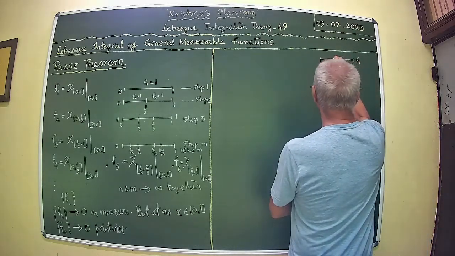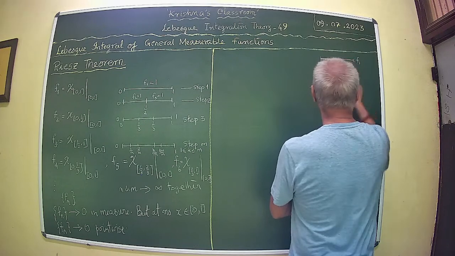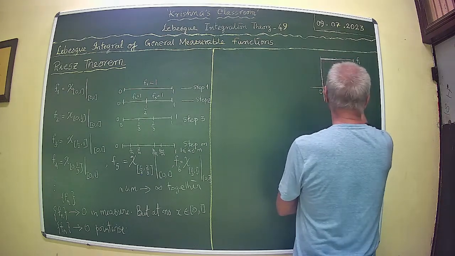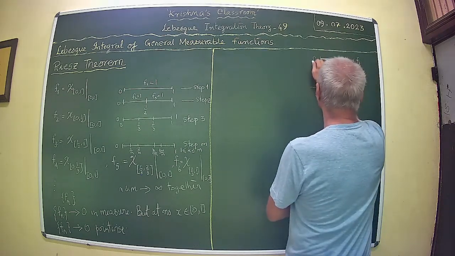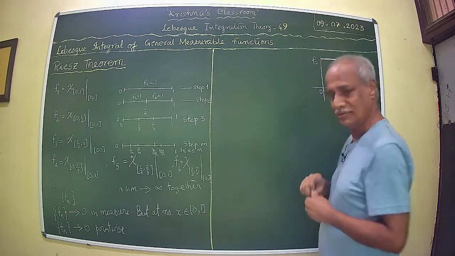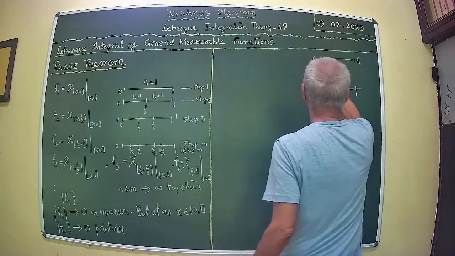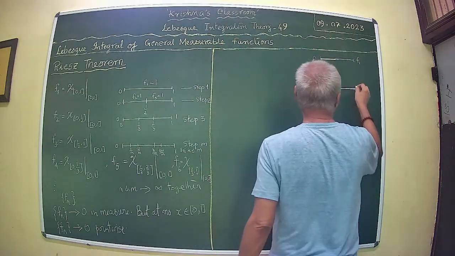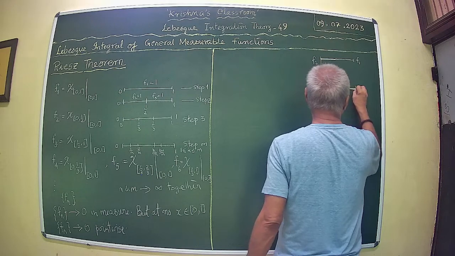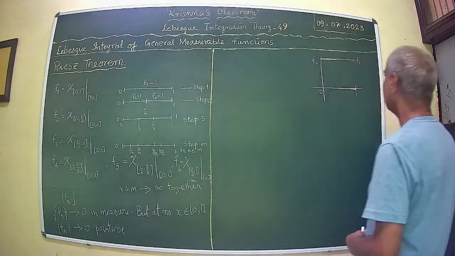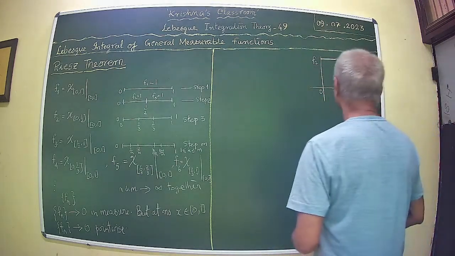F2 is this one with 0 here. This is your F2. And then F3 is what?